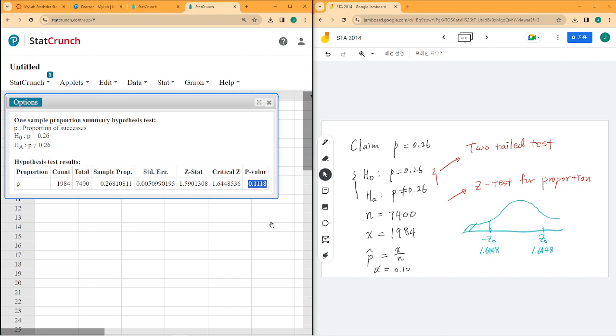The rejection region is outside of those boundaries, and the z-stat of 1.59 doesn't belong to the rejection region, so we can say that we fail to reject the null.